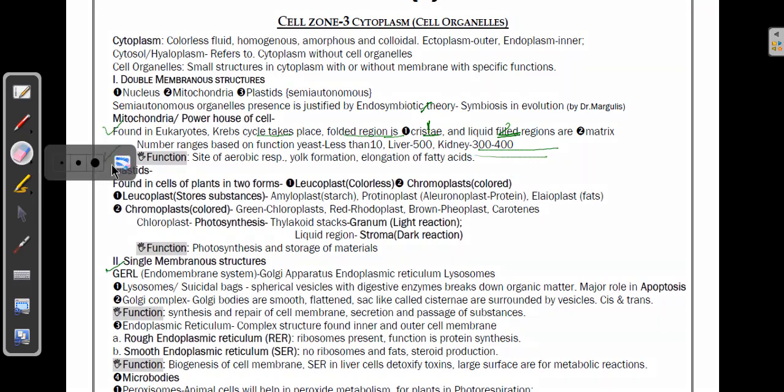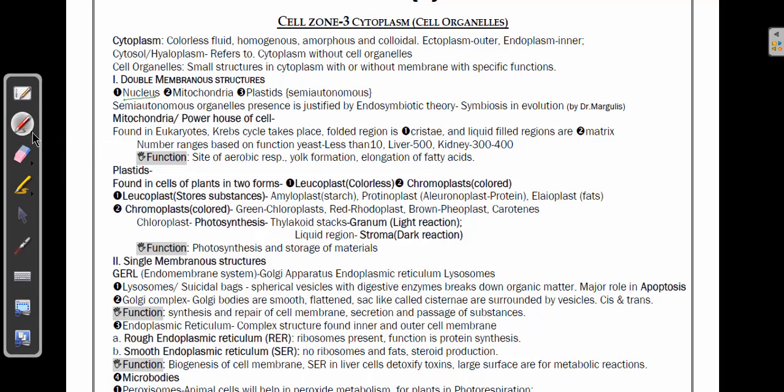In the previous lecture we learnt about the double membranous structure, the nucleus. We know that the nucleus is a double membranous structure and it has various parts in it. The four different parts are already studied, and that's why I'm skipping that part now. We'll be learning about the mitochondria and then the plastids.